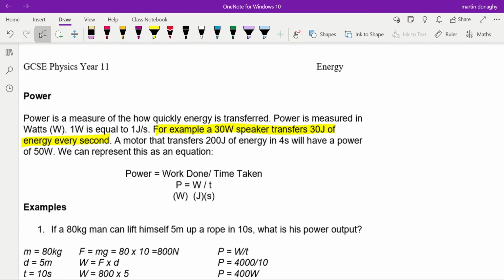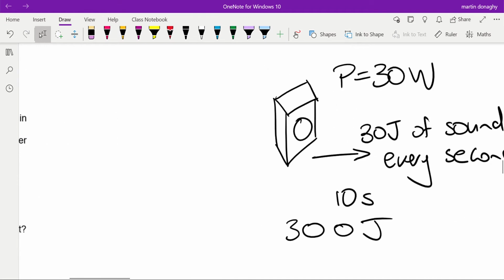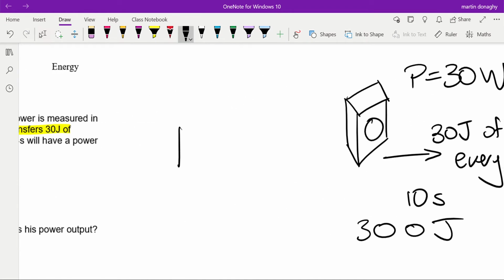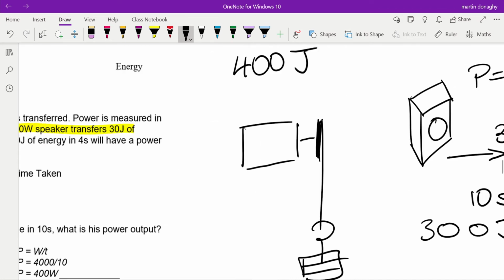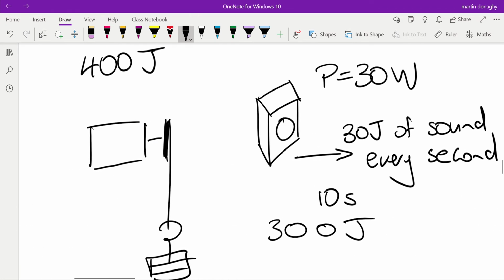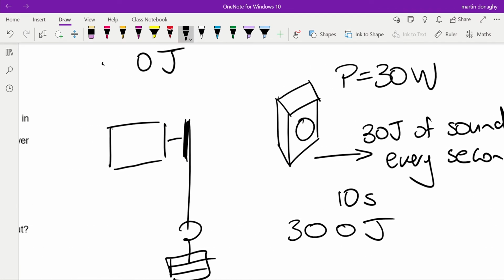Or another example here is, let's say we have a little electric motor, and say we're using the motor to lift something up like a little crane, you'll see that in our future experiment, but let's say it does 200 joules of work in 4 seconds.